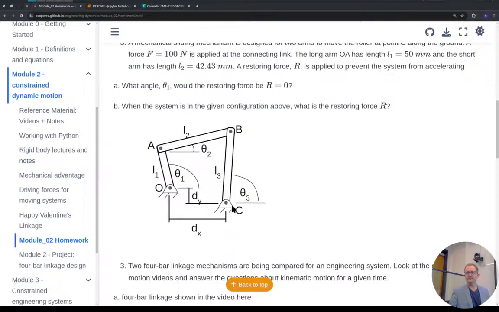So this is the general four-bar linkage system, but in our case, L2 and L3 are both the same, both 1 meter, and then L1 is a quarter, and O and C are in line with each other. O to C, C to B, B to A are all 1 meter lengths.